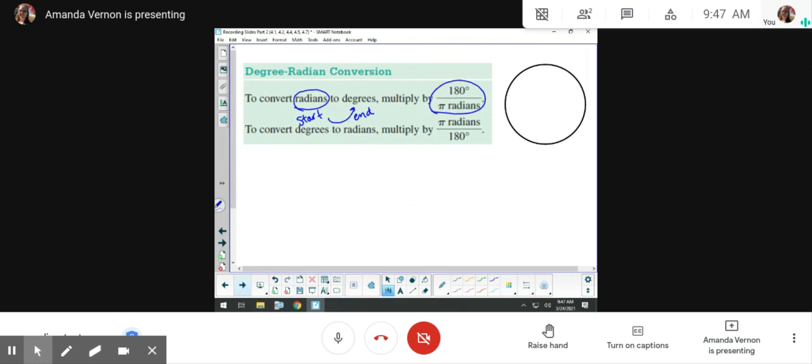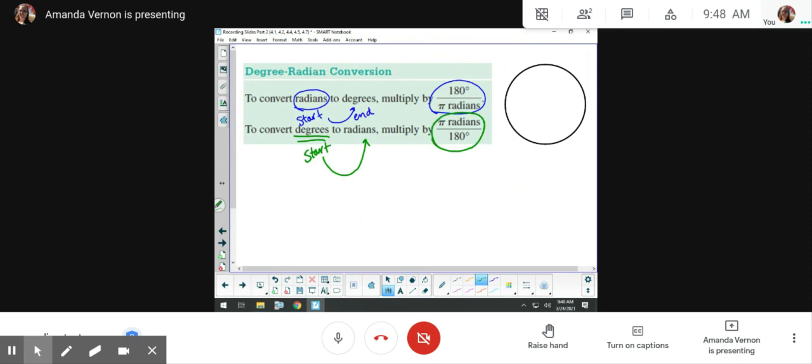Really what we're doing is we're putting the radians in the denominator of our unit conversion, and that's going to allow for the radian measurement to be eliminated, and we'll be left with our degrees. And then to convert the reverse direction, so from degrees, if we start in degree mode, then we can convert it to radians by multiplying by pi radians over 180 degrees.